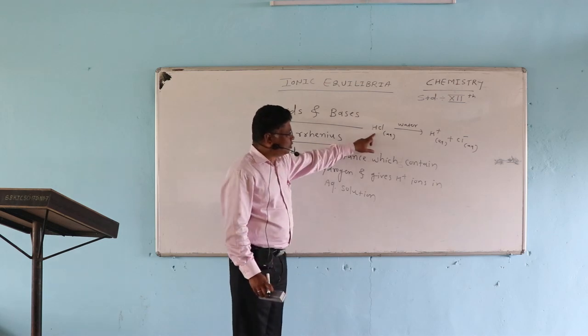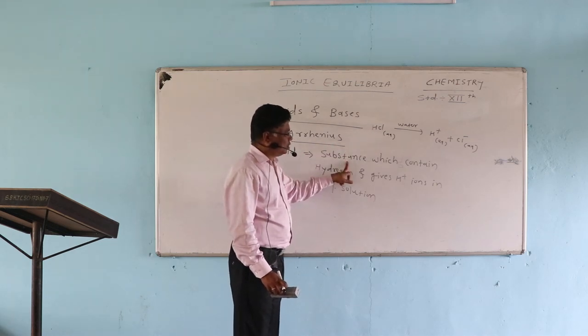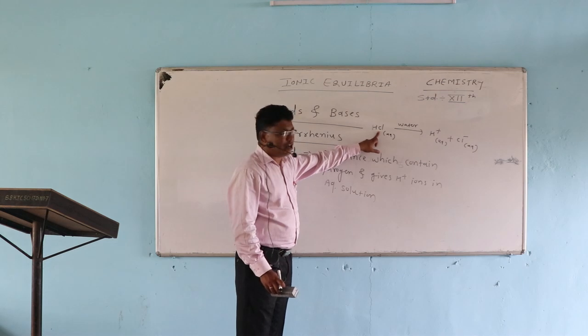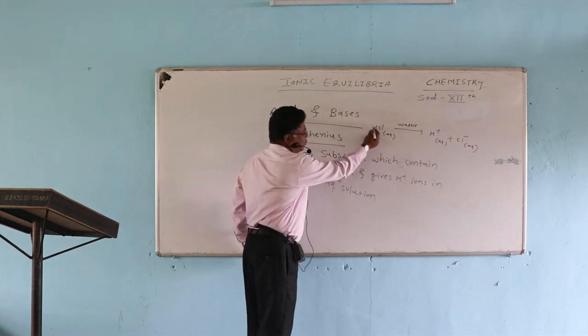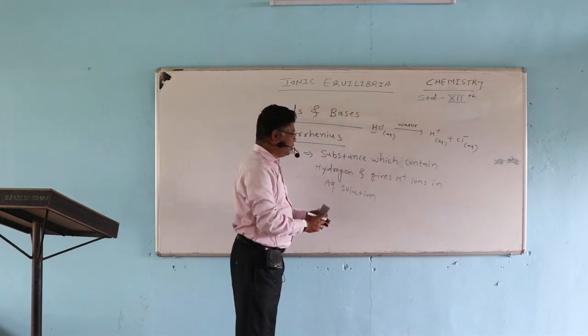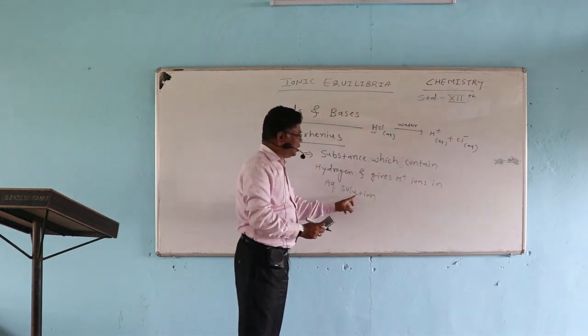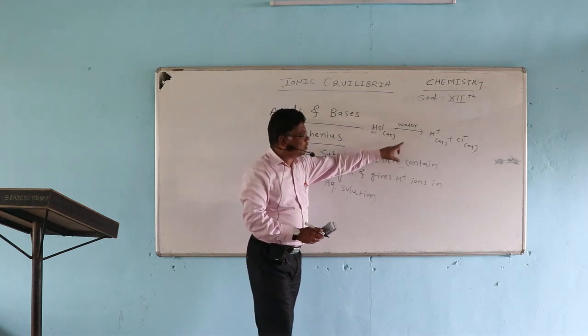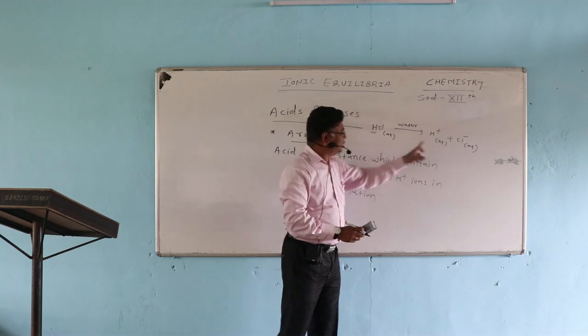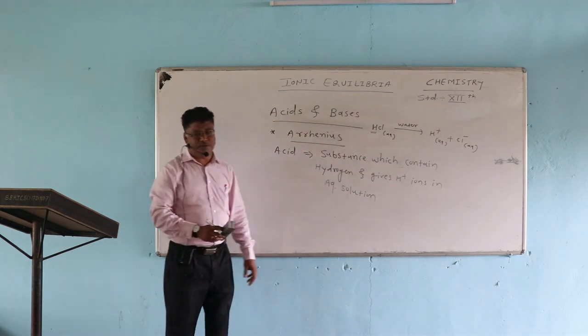Why? Because HCl is a substance which contains hydrogen and gives H plus ions in aqueous solution. Means when HCl is dissolved in water, it gives H plus ions. That's why it is called as acid.